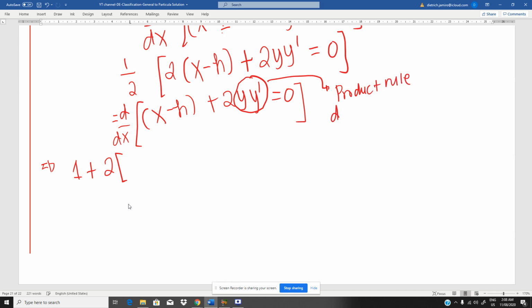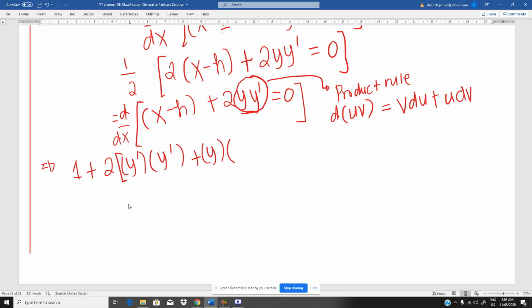We know that the derivative of u times v is equivalent to v du plus u dv, right? So by taking the derivative of this one using product rule, we will have y prime multiplied by y prime plus y quantity multiplied by y double prime is equal to 0.